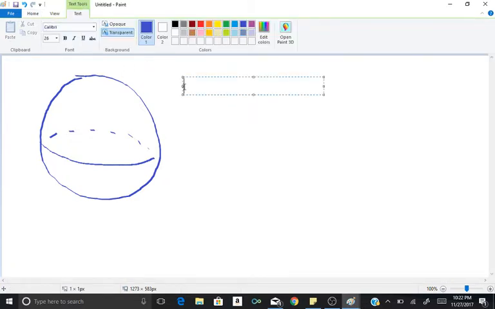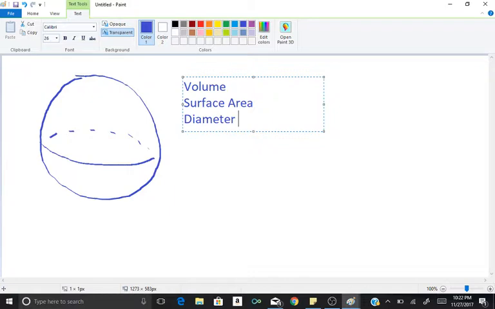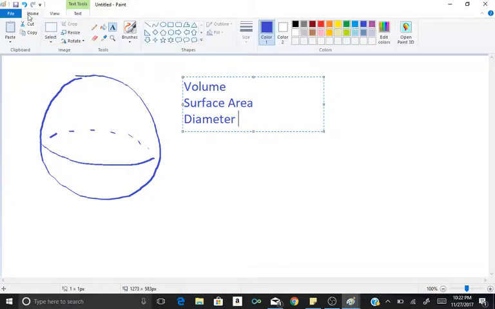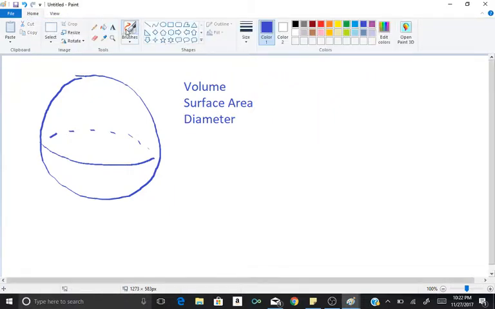Well, we know that the volume of the sphere is going to shrink. We know that the surface area of the sphere is probably going to shrink. We know that the diameter of the sphere is going to shrink, right? The distance from one side to the other.